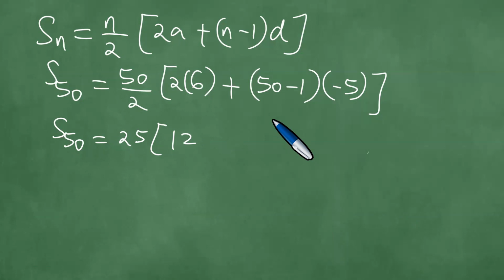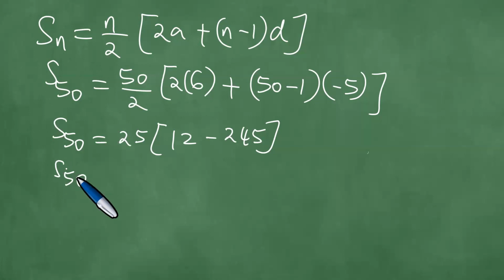You have 49 times 5, which is 245. You can just use a calculator for this.